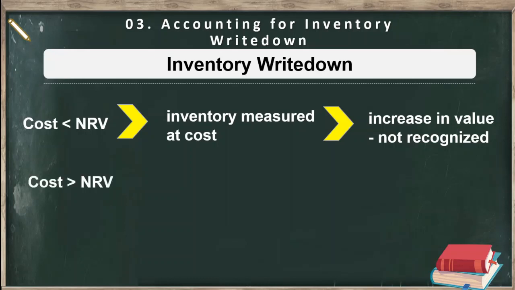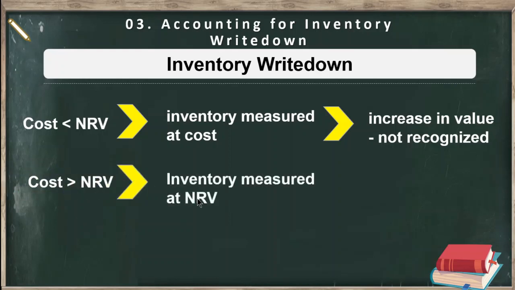What if it's the other way around and the cost is greater than the net realizable value? As a rule, if it is LCNRV, we're going to choose the lower amount. So if this is the case, then the net realizable value is the lower amount. Therefore, the inventory will be measured at net realizable value.